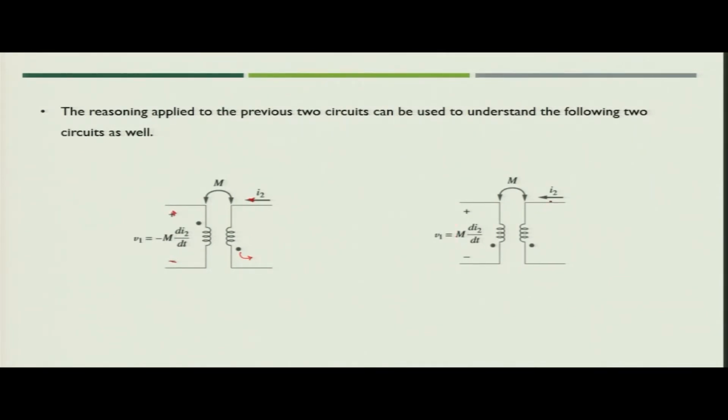Similarly, in the case where I2 is exiting the dot, but the voltage polarity at the second coil has minus at the dotted terminal, your induced mutual voltage will be M di2 by dt. Since you are exiting the dot and the polarity of voltage at the dot is negative, it means that your mutual induced voltage would be M di2 by dt, which is positive.